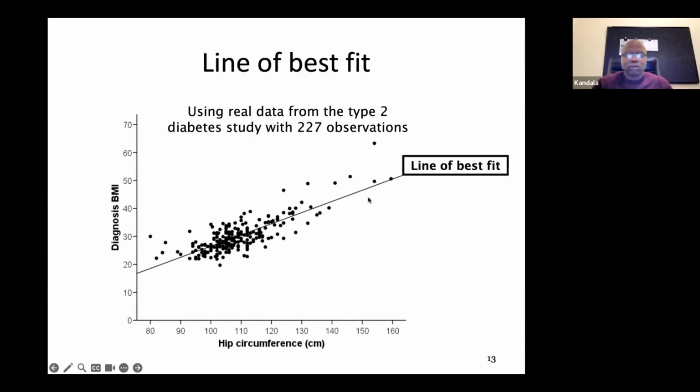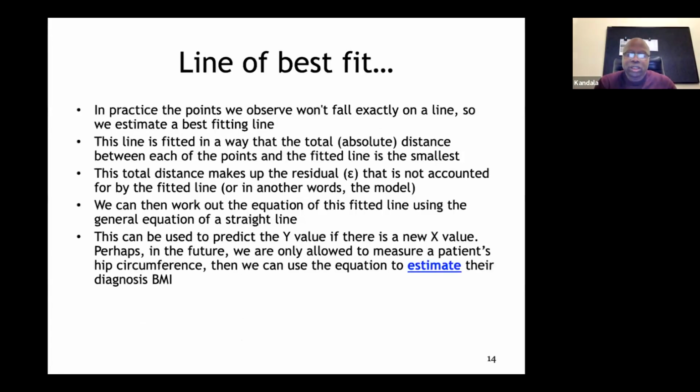Then you can draw this, and the idea with linear regression is to find a straight line between y and x. When you do this, finding the best fit, you are in the business of regression analysis.